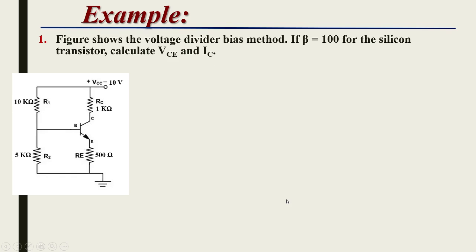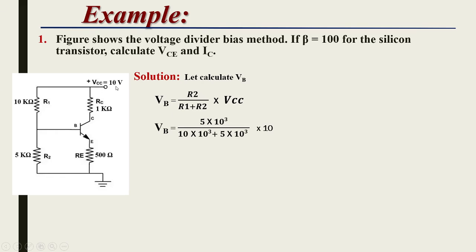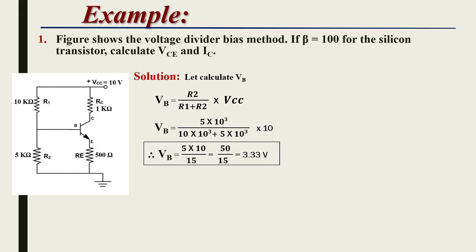Again, to calculate VCE and IC, we require the input voltage VB. So let's calculate VB using the formula R2 upon R1 plus R2 into VCC. The values of R1 and R2 are given and VCC is 10 volts. Putting in the values, we get VB equal to 3.33 volt.